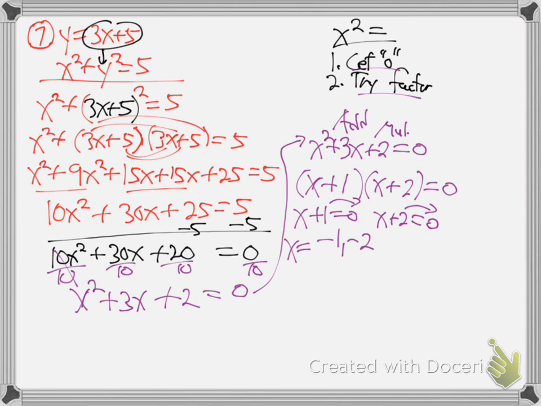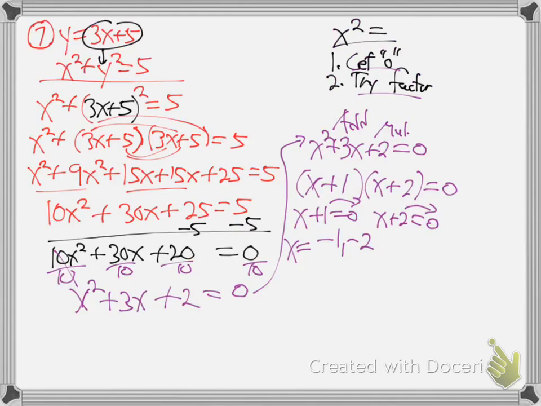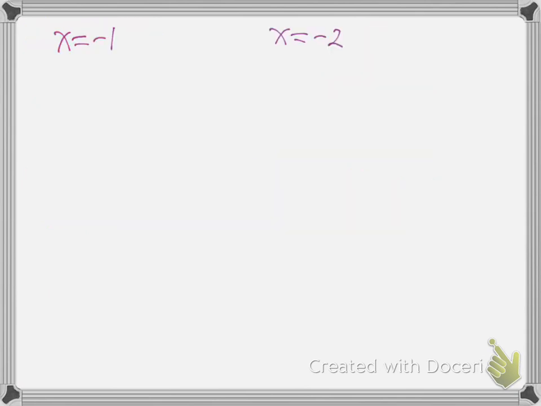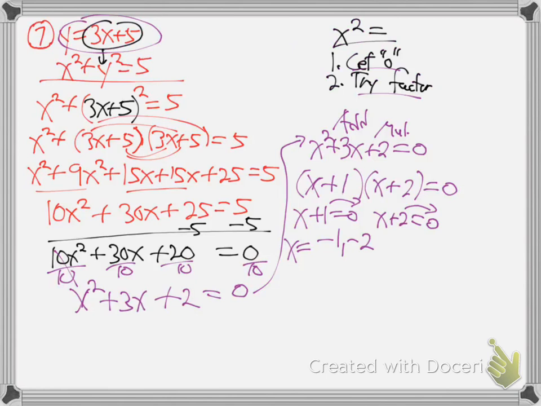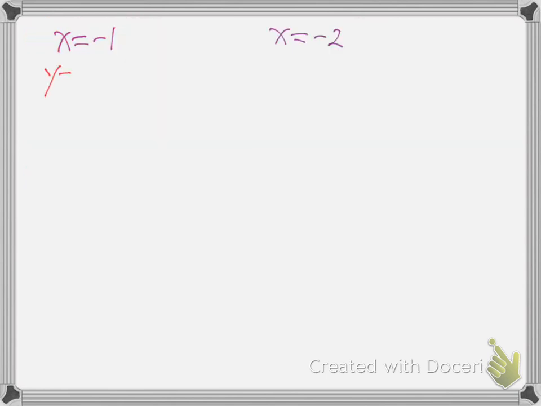Now we have to get the y's to go with each of those. Let's go to a fresh screen. So we have x equals -1, and over here x equals -2. We're going to plug in now to find the y's. First equation would be great. Y is already alone. So that's y equals 3x plus 5. So now plug in the -1.